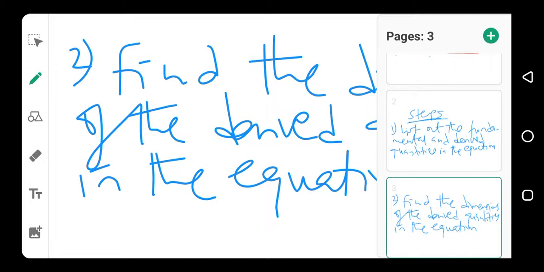Then the third thing you have to do is put together the fundamental physical quantity using their symbol, and then the dimension for the derived physical quantity. Put everything together and then compare to see if everything is the same.